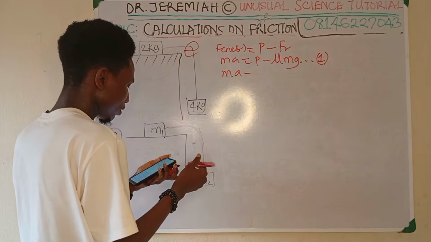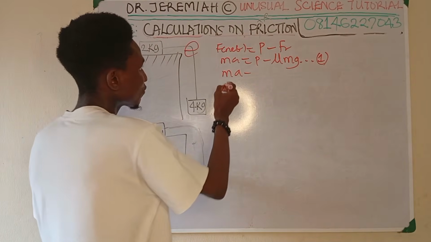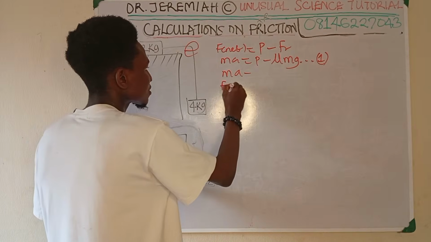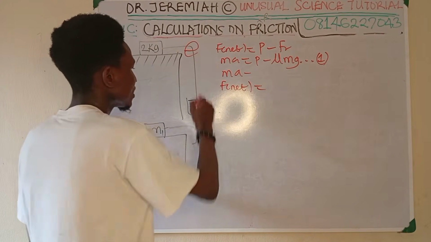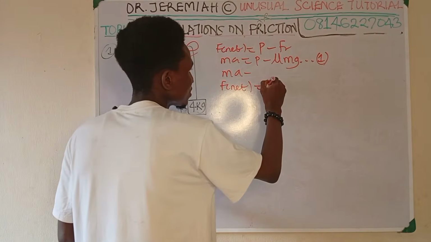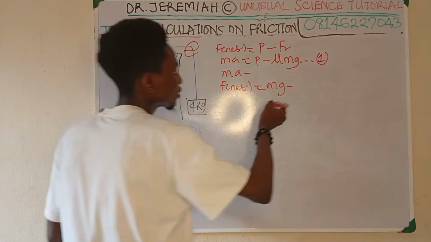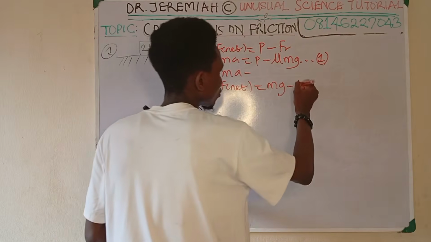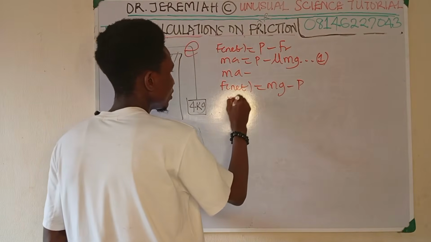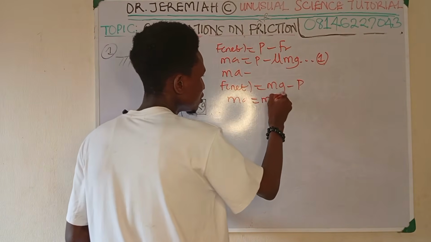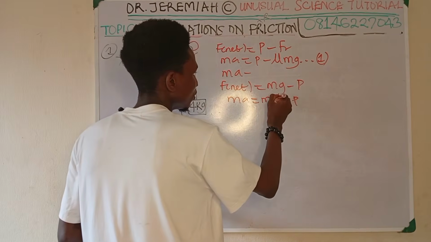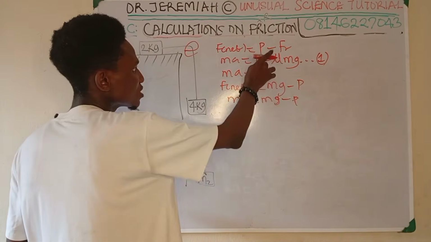Now for the second one, second body, we have F net equal to, remember that weight is pulling it downwards. So you have weight mg minus the tension force acting upward, so minus P. Then we have ma equal to mg minus P. Let it follow this format.